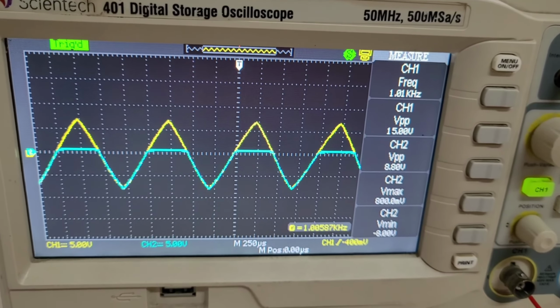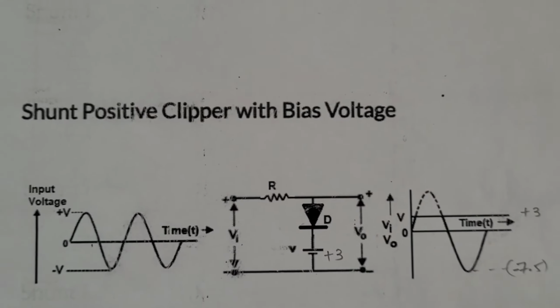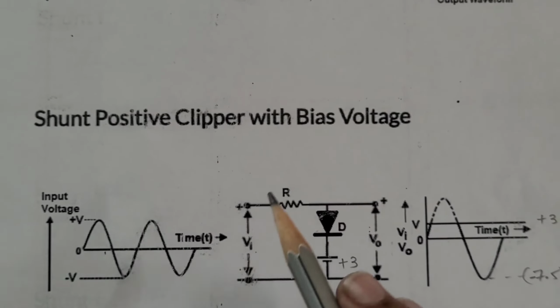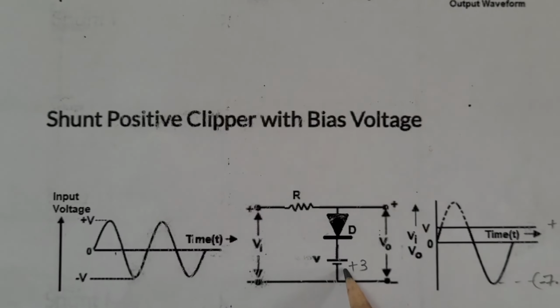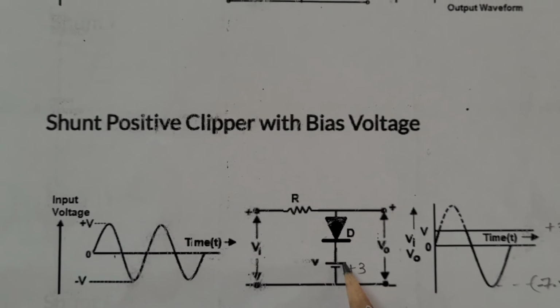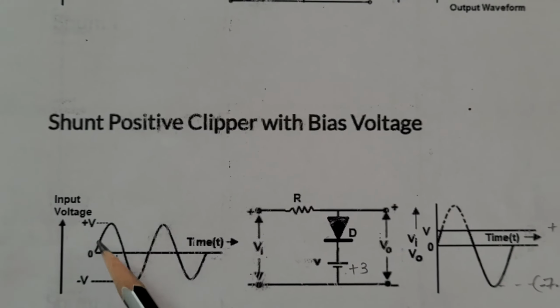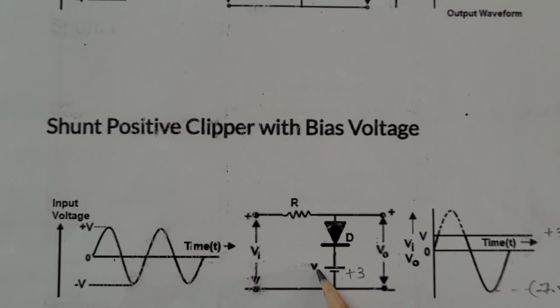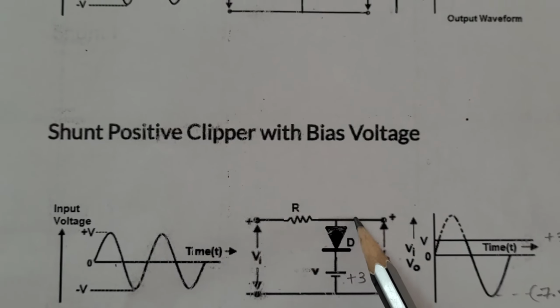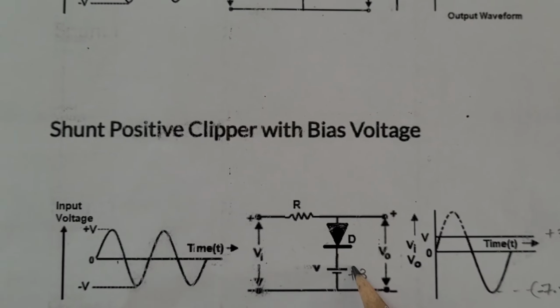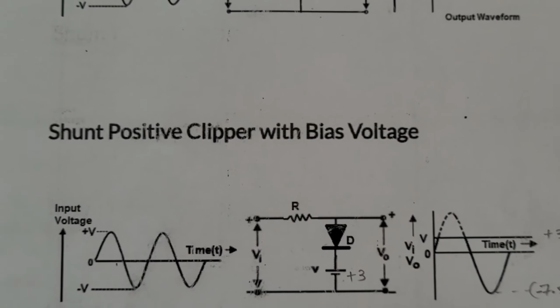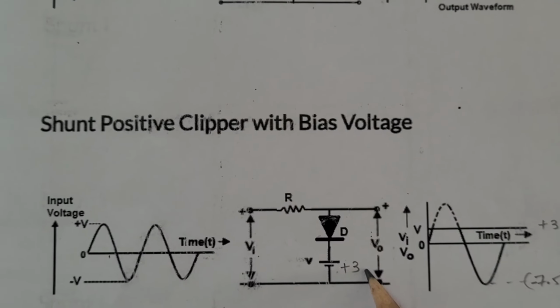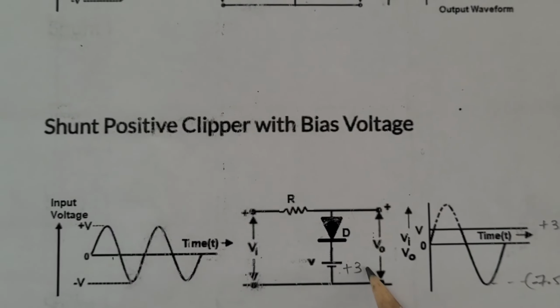The second circuit, shunt positive clipper with positive voltage 3 volt connected below the diode. During the positive half cycle of the AC input, the diode becomes forward biased. A short circuit is established here. The output measured across this terminal will be 3 volt.